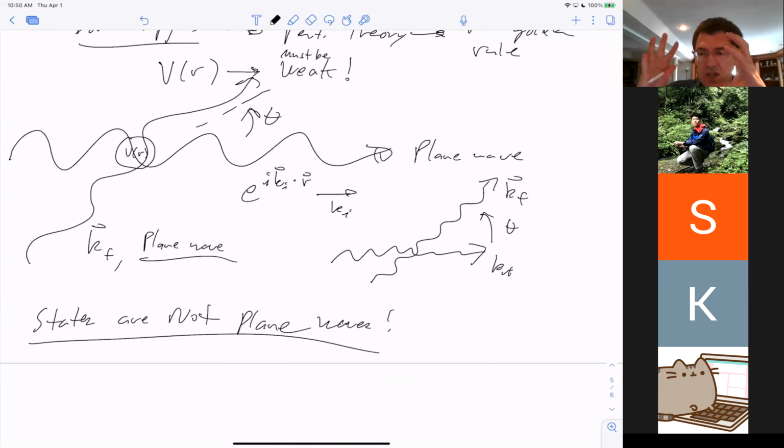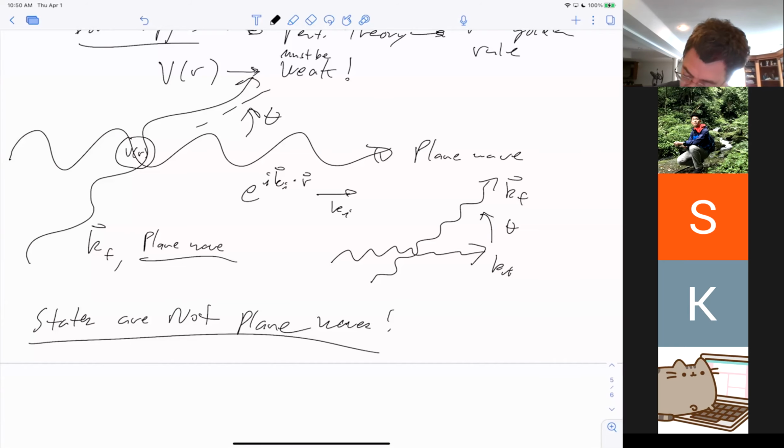Because what's happening is the wave function has to go to 0 at the location of that ball, the hard ball. And so that means that the wave function is highly altered in the vicinity of the ball because the wave function goes to 0. It's not a plane wave anymore. And so the approximation that our initial and final states are plane waves is garbage. And that's why it failed. The states are not plane waves.